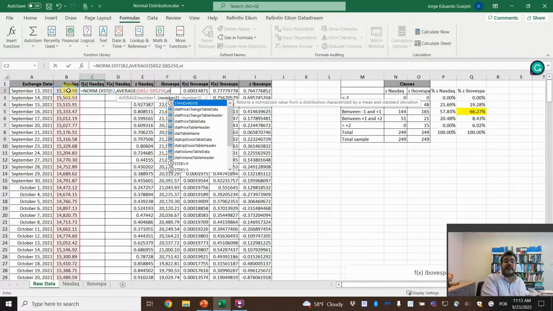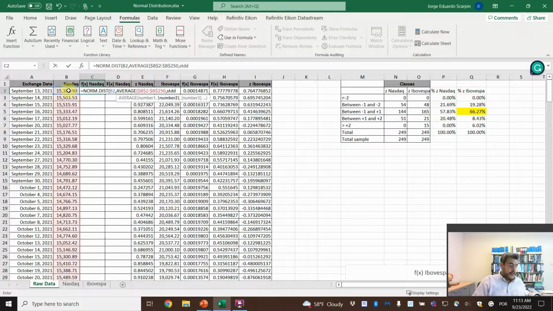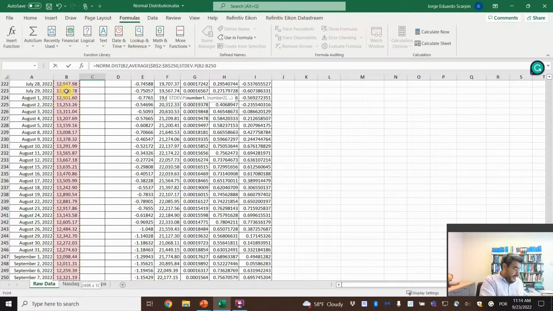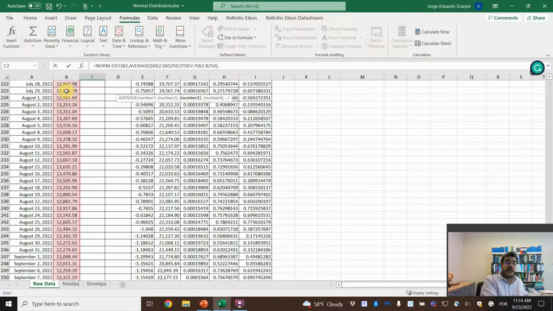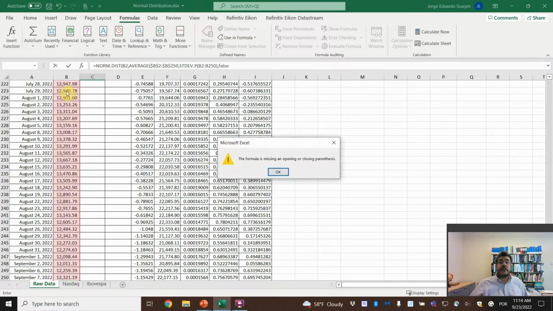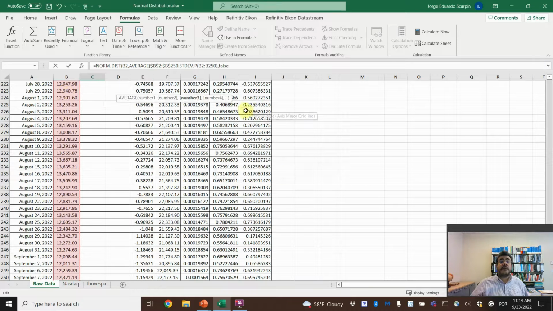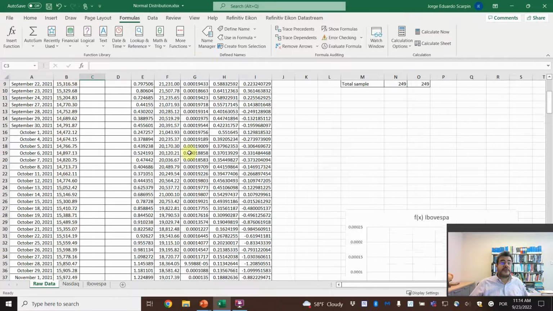And the standard deviation is standard deviation population, because we are grabbing all of our numbers. And then, oops, missing parentheses, false. Oops, one parenthesis missing, and now we're good.